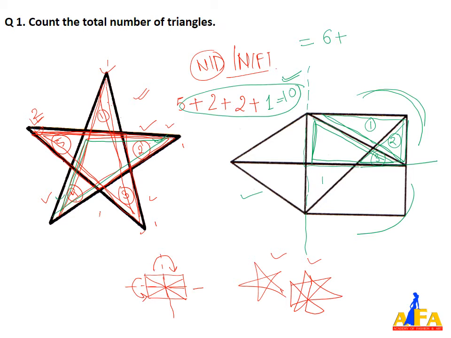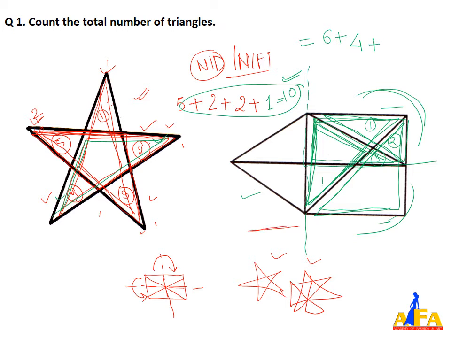If we combine the first and the second figure, like the upper and the lower, this part and this part, then the total number of triangles: we have calculated the 1, the other is 2, 3, and then another one is 4. So the total number of triangles is 4.